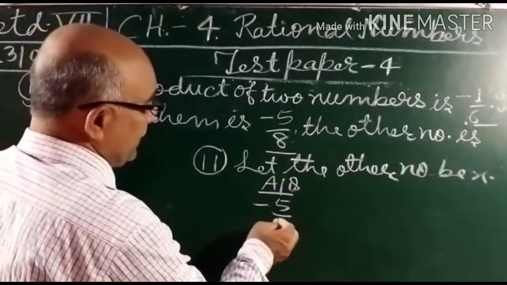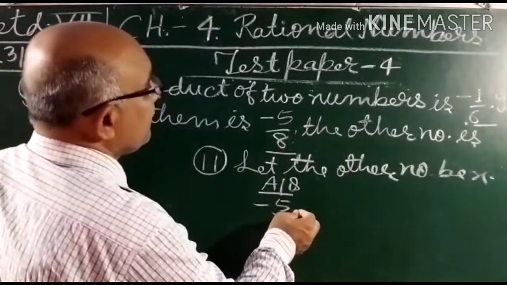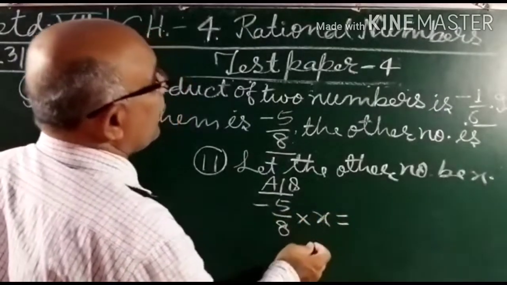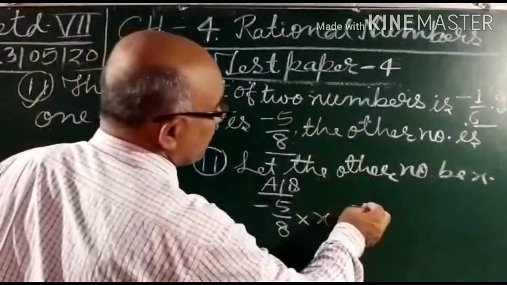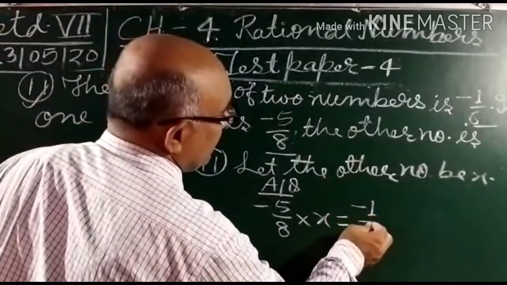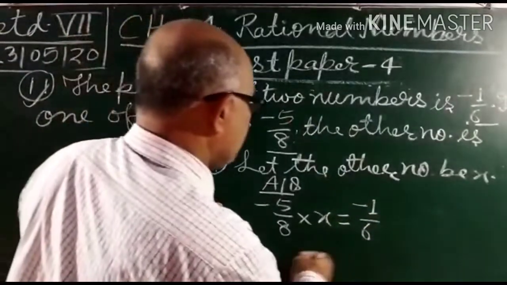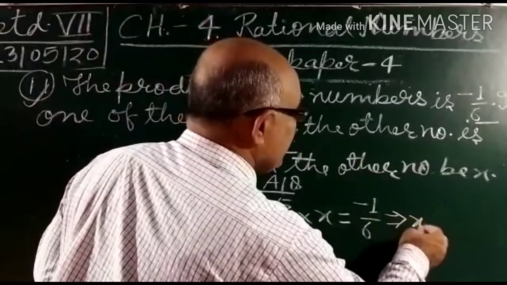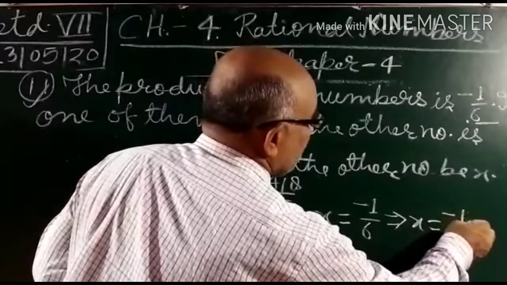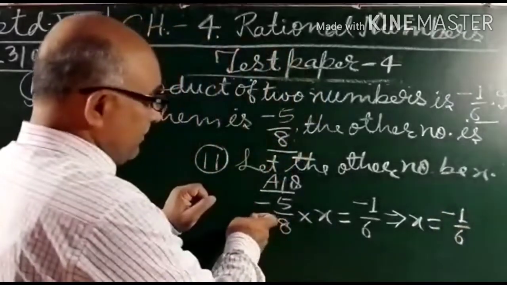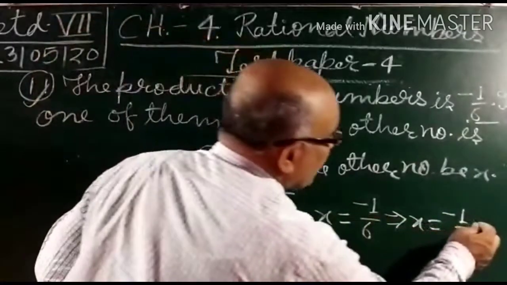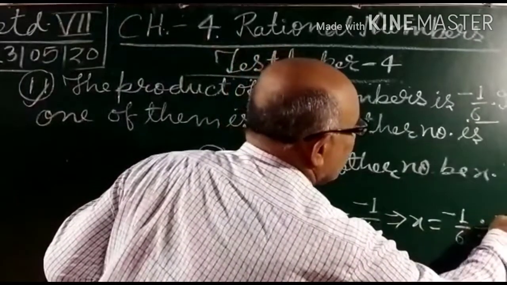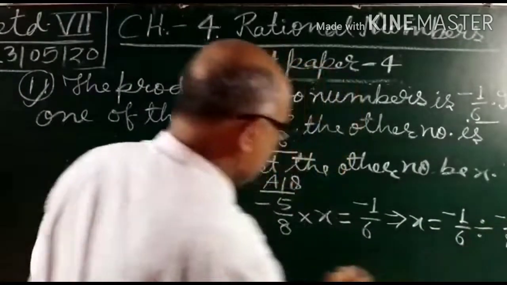So minus 5 by 8 multiplied by the other number x equal to the product of the two numbers, minus 1 by 6. That implies x equal to minus 1 by 6, divided by minus 5 by 8, by transposition.